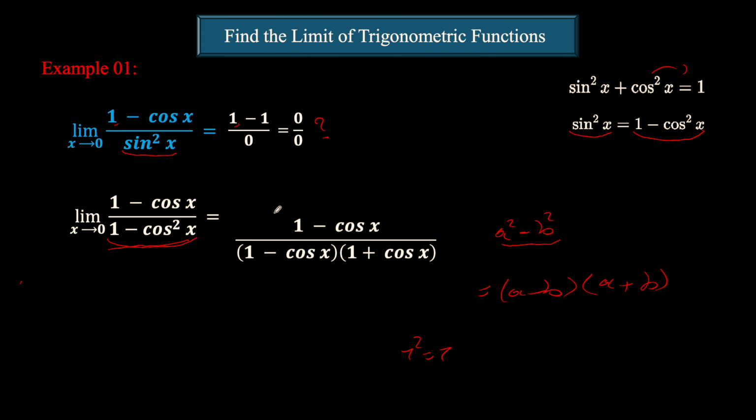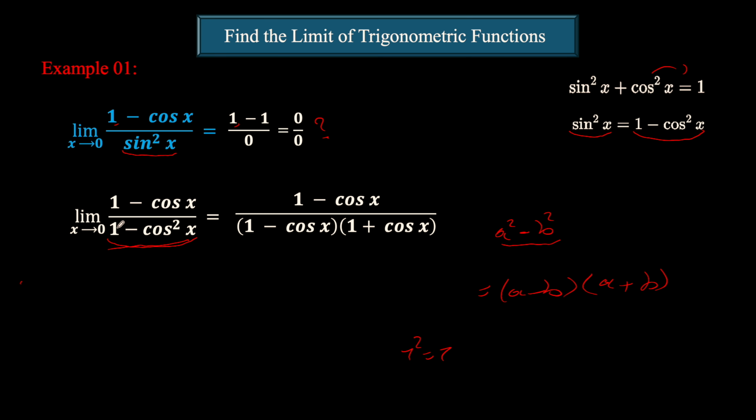So instead of writing 1 minus cosine squared x, we will write (1 minus cosine) multiplied by (1 plus cosine). So we will apply this identity, this formula, okay? Then this one will cancel with this one, okay? So 1 minus cosine x divided by 1 minus cosine x is equal to 1.